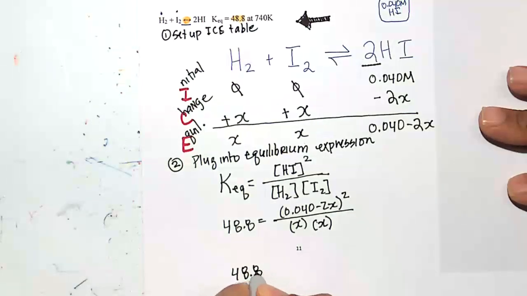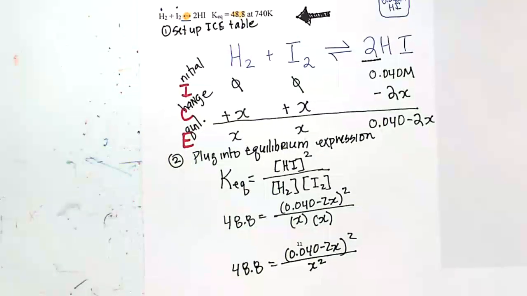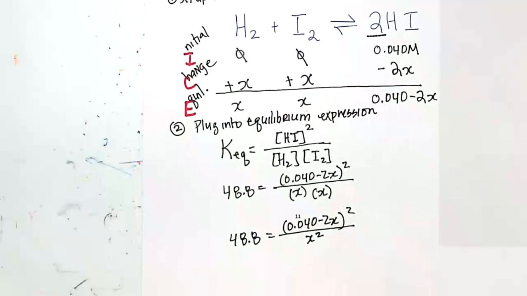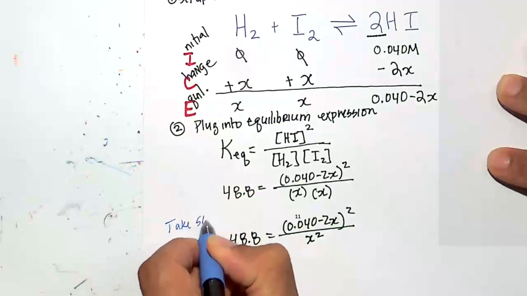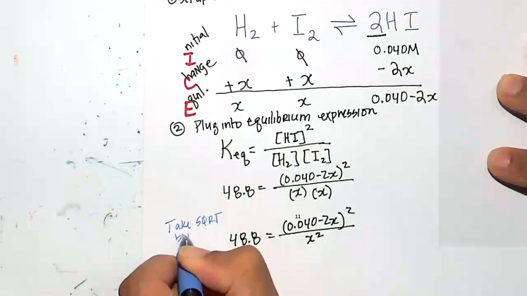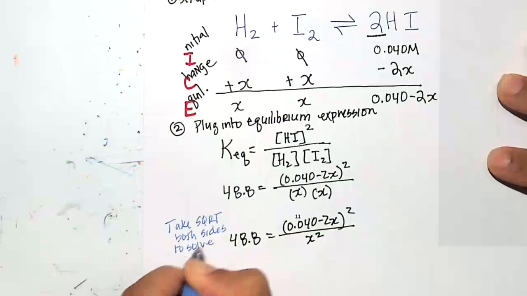I'll just do some cleaning up. x squared. Now we will solve for x. This is how I want you to solve for x, you'll do this on the exam. You'll take the square root of both sides of the equation to solve for x.